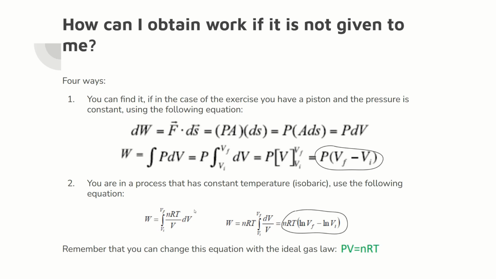So if from state 1 to state 2 you have constant temperature, then you would use this formula. This formula can be reformatted with the ideal gas equations. If you're studying an ideal gas, then you can use the ideal gas equation to change this equation as it best suits you.